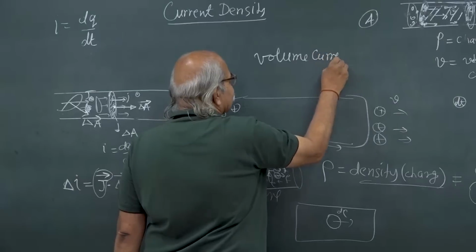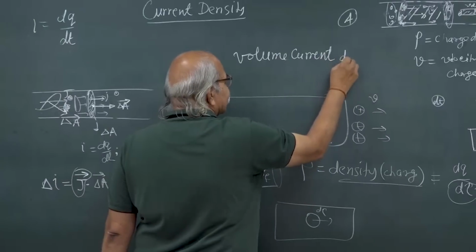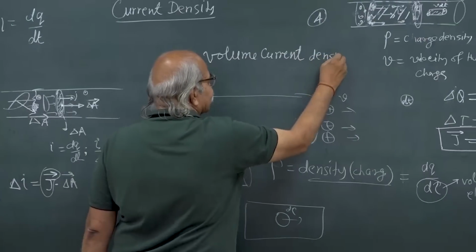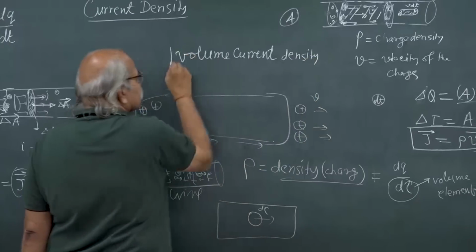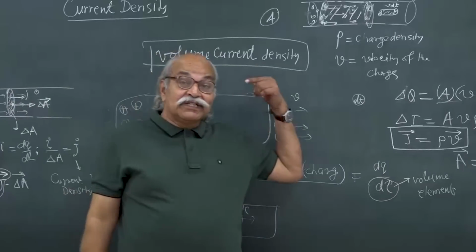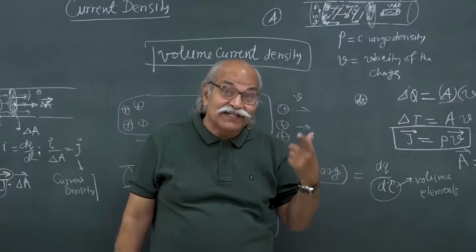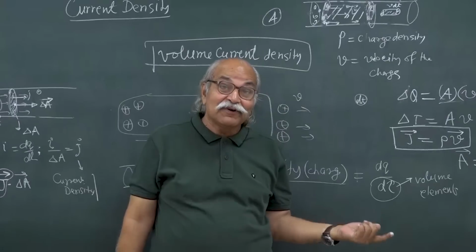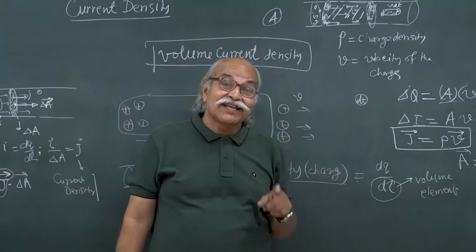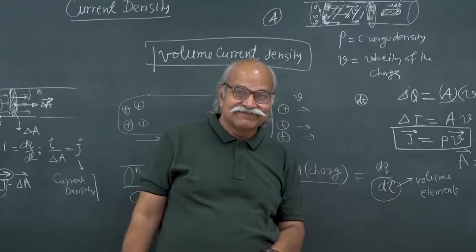This current is known as volume current, and this J which I have calculated is known as volume current density. So we will stop here. We have put this adjective volume on current and current density because I will also be talking of surface current and surface current density in the next lecture.